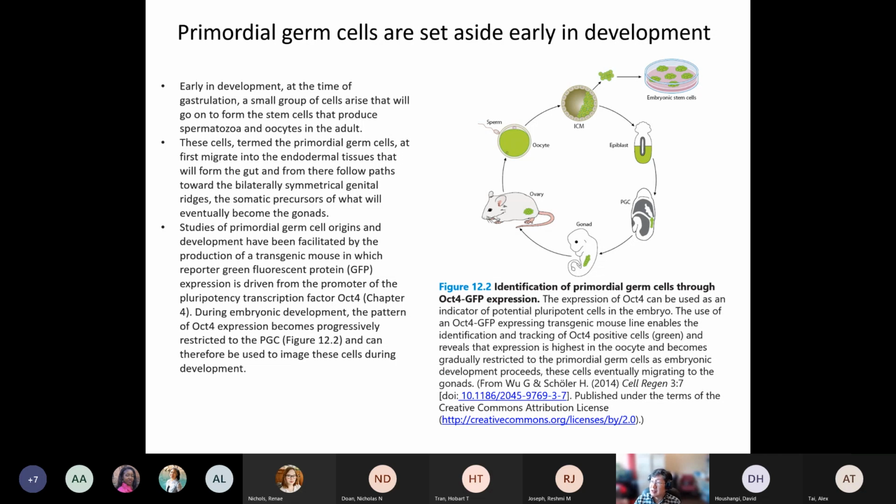Therefore, it's no wonder that at a very early stage during development, for example in mouse at about 3 to 5 days, the embryo has already set aside some cells to be the germ cells. Sexual maturity takes a very long time, for mouse or for human.